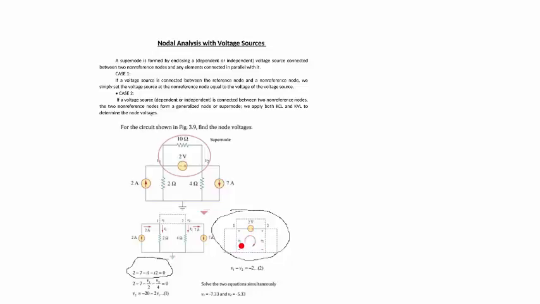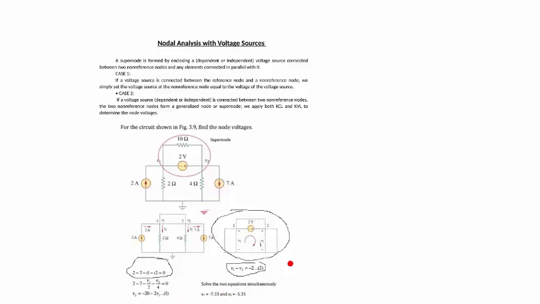As you see from here, this is minus V1, minus V2, plus V2. This is the equation that you get, and then you solve these two simultaneously to get the answer.